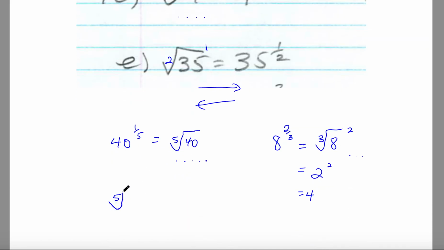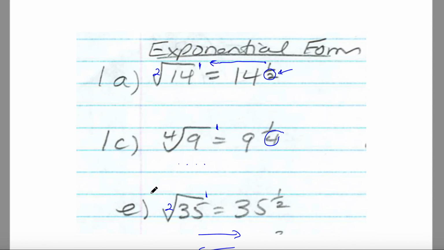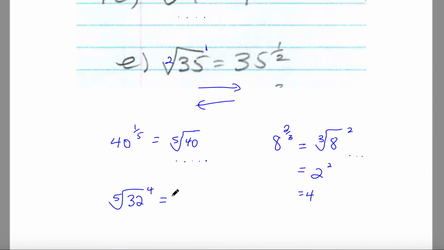If you had something like that, which is kind of something similar to what we had. This is asking you what times what times what times what times what, 5 times, gives you 32. 2 times 2 times 2 times 2 times 2 is 32. So another way to write this is 32 to the 4/5.